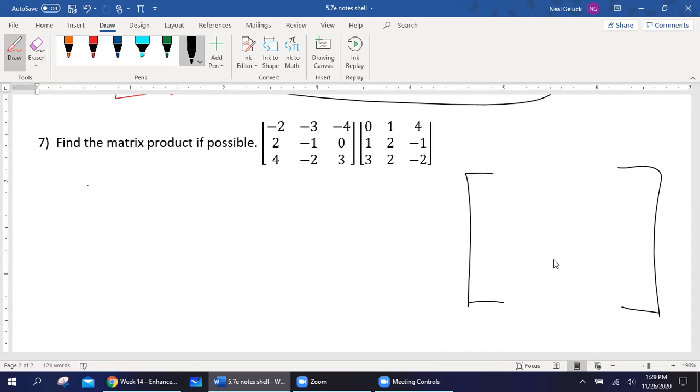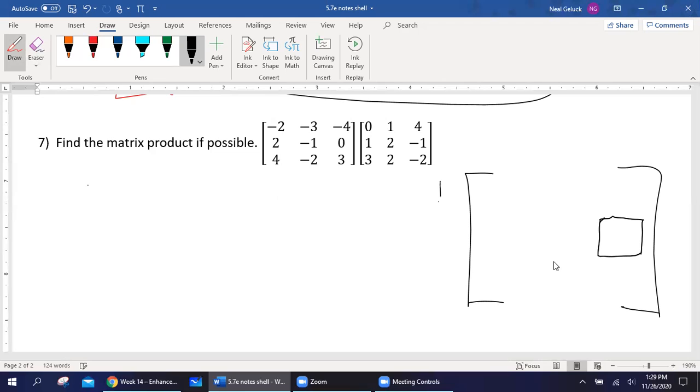Let's say you get lost in the matrix, which is entirely possible. There's a lot of numbers flying around here. Let's say right here is the number you get lost on. If you're going, okay, wait, what do I multiply by what? Well, just ask yourself, what row am I in?